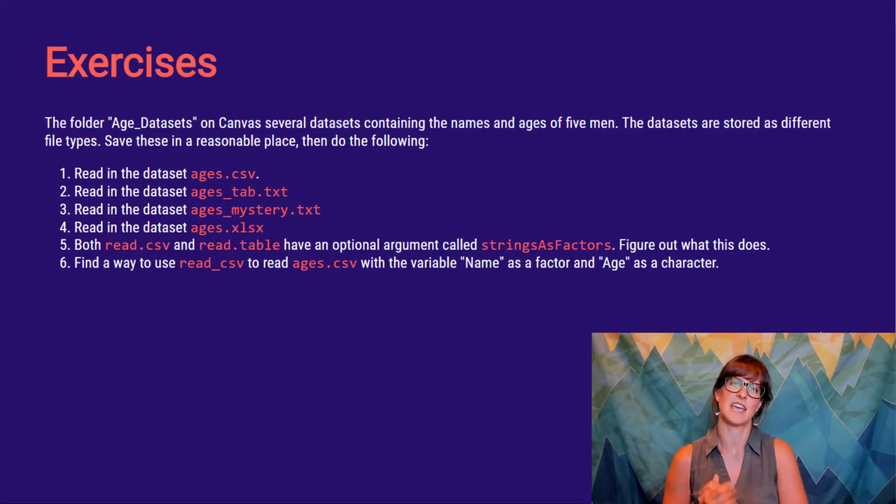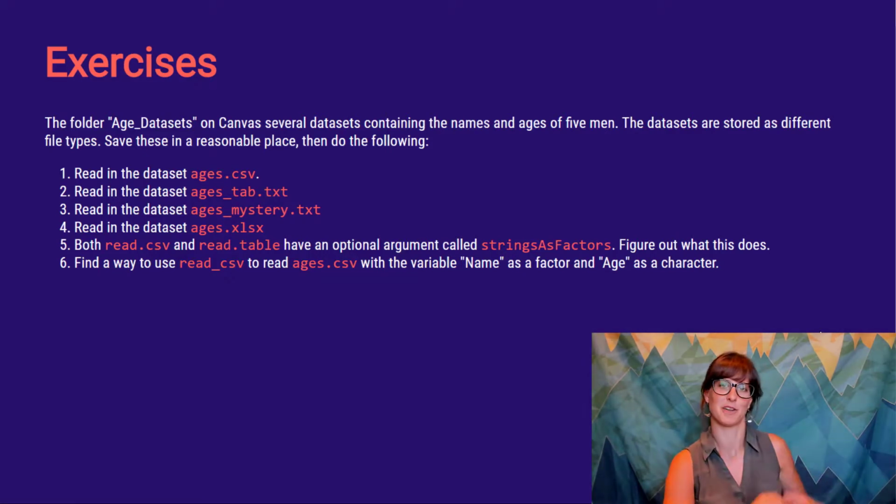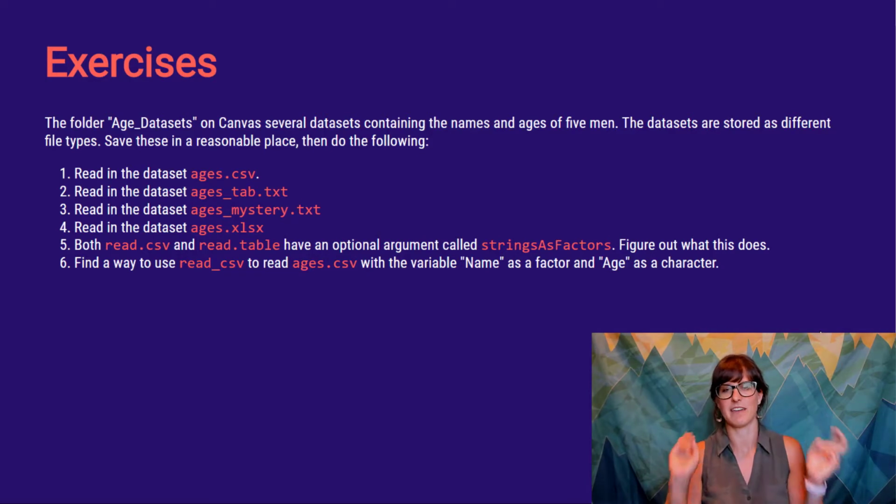And it should choose age to be either a double or an integer, it's just some numbers representing their age. But we can say, hey R, I wanted name to be a factor. I want this person not to be the name Joe, but the category of Joe. It doesn't really make sense, but it's possible. And we could read age in as a character if we want, right? If we think of the age of 35 as a string instead of the number 35.